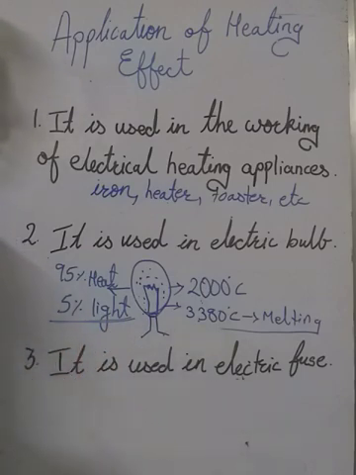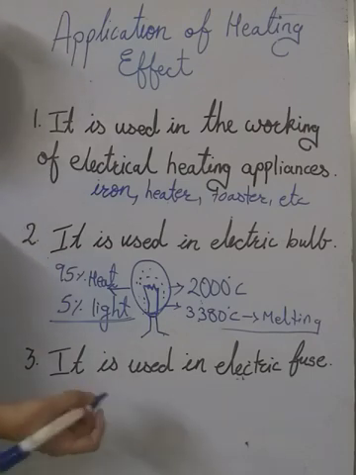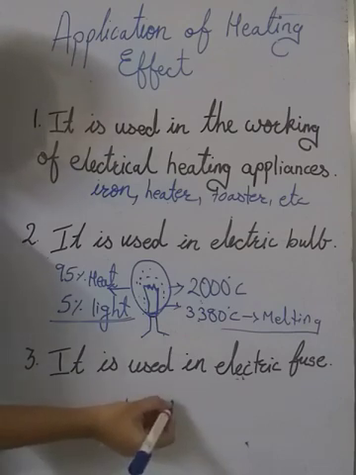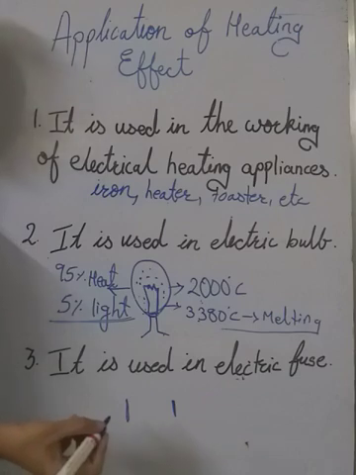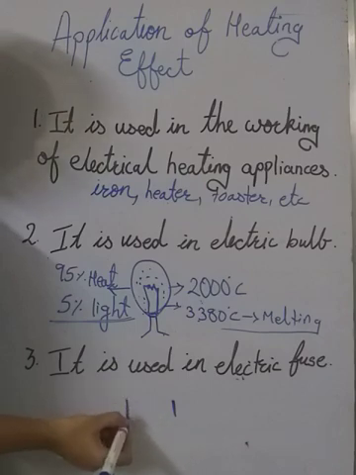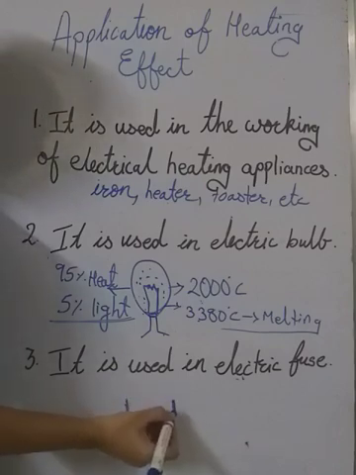The third application of heating effect is the electric fuse. An electric fuse is generally made up of copper wire, which is very thin, and it has a very low melting point. Whatever material you take for an electric fuse should have a low melting point. These are the two terminals which are conductors.